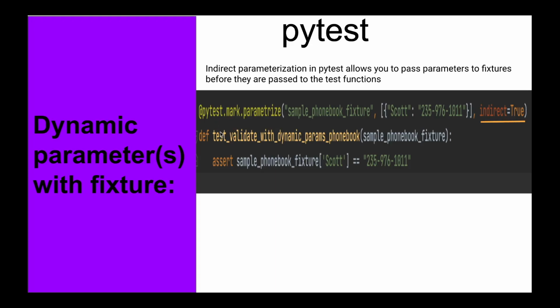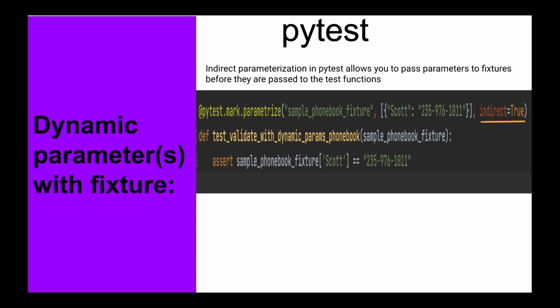Whenever you want to pass a parameter, that parameter needs to be handled in a fixture. So you go with the regular annotation pytest.mark.parametrize, your fixture name or the parameter name, and the parameters you want to pass, and then indirect equals True needs to be present. What is indirect?